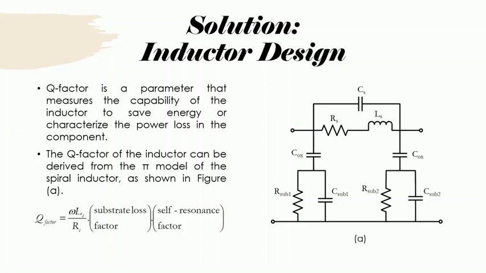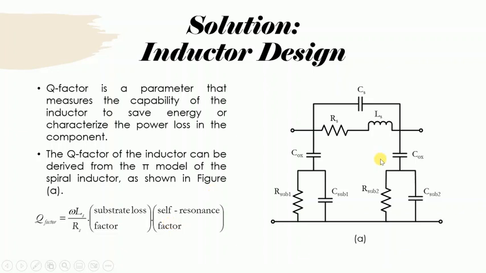The Q factor is derived from this pi model of the spiral inductor. The equation for Q factor is omega Ls over Rs, where omega is equal to 2 pi f, Ls is the inductance and Rs is the series resistance of the inductor, times the substrate loss factor and also times the self-resonant factor.